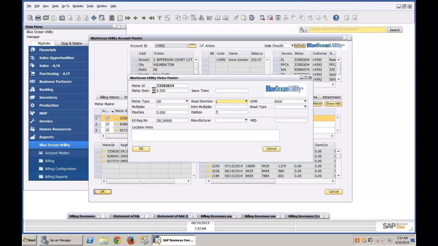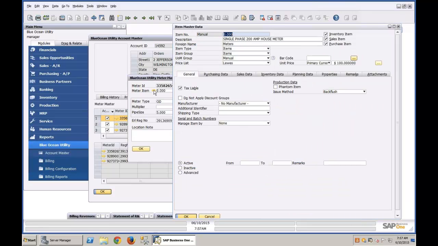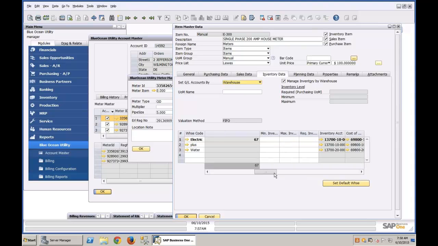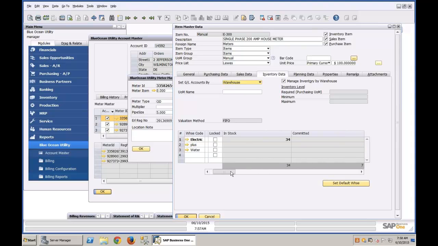And if we drill further down, we could actually see information about the meter itself, single phase 200 amp house meter, and we could see how many meters we have in stock, committed to be installed, that is, ordered, showing that we have 67 meters available.